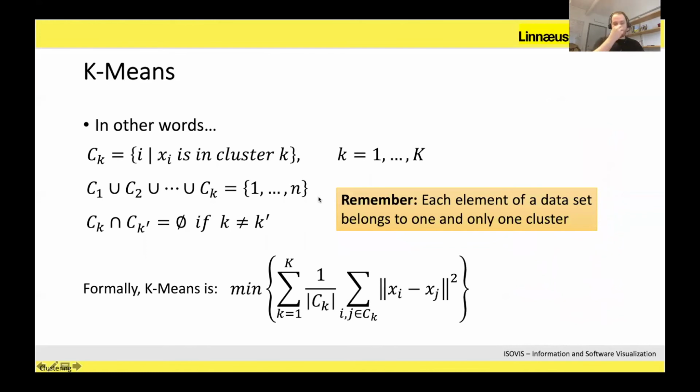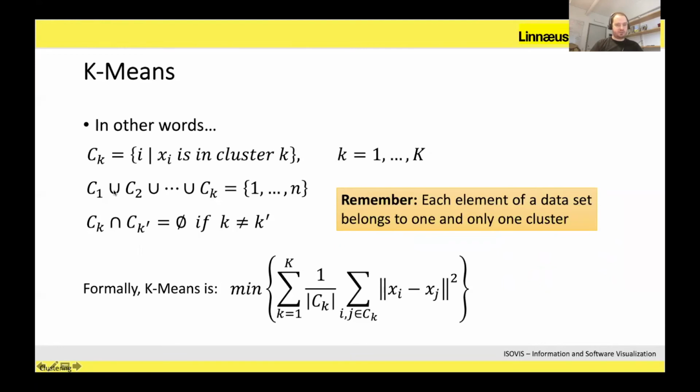And this is a more mathematical description of the thing that I just described to you. It's a more concrete, objective definition other than the actual intuition that I gave. So C_k is a set of numbers i, such that x_i, the ith point, is in cluster k. So there are K different sets of points.